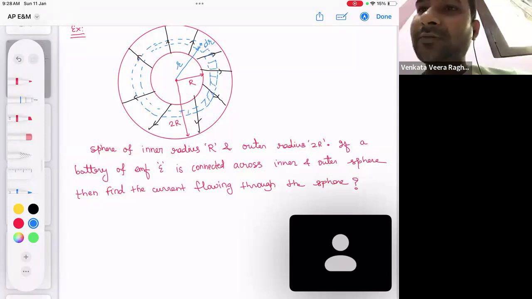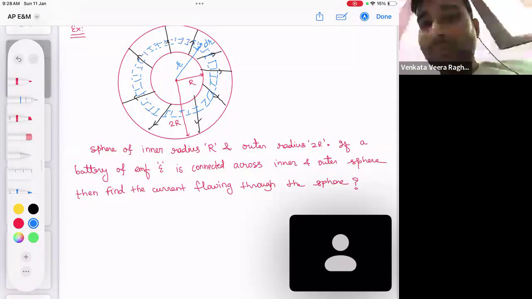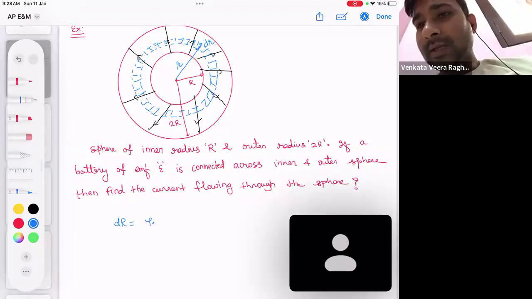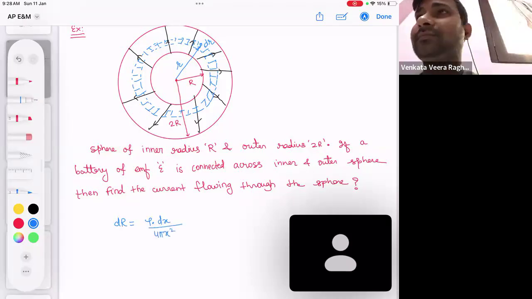So first I will calculate the resistance of this small segment. The small segment resistance dR will come. Will it come as rho, length of a small segment dx, and the area of a small segment is what? 4 pi x squared.